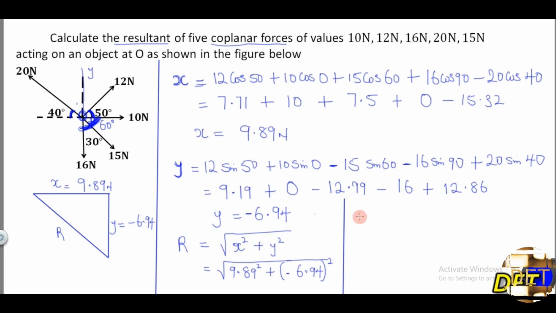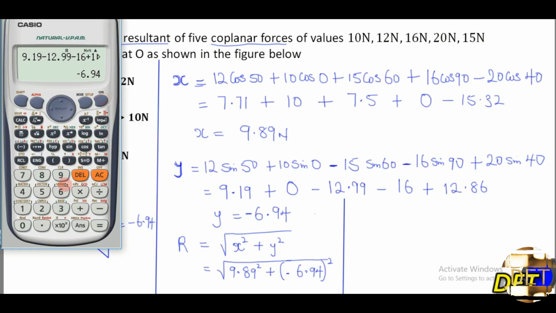So if I bring out my calculator again and punch that in, 9.89 squared is equal to 97.8121.